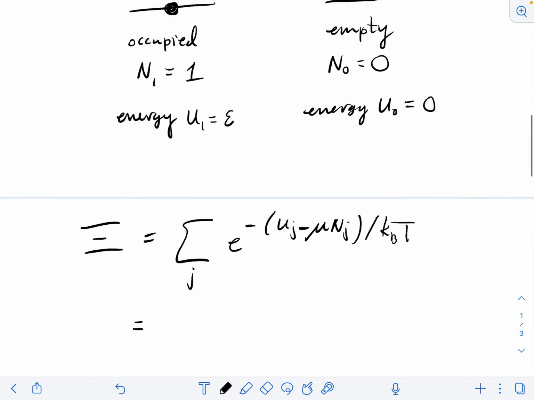One of the terms is n_j is 0 and u_j is 0, so we have e to the 0, which just gives us a 1. And in the second case, u_j is going to be epsilon and n_j is going to be 1, so that the second term is e to the minus (epsilon minus mu) over kBT.